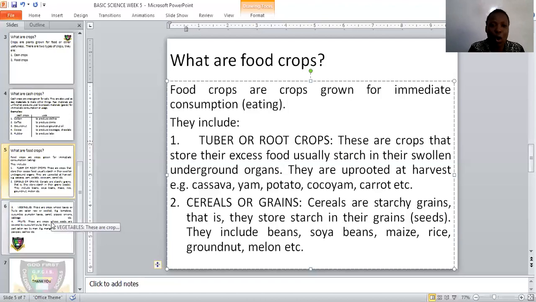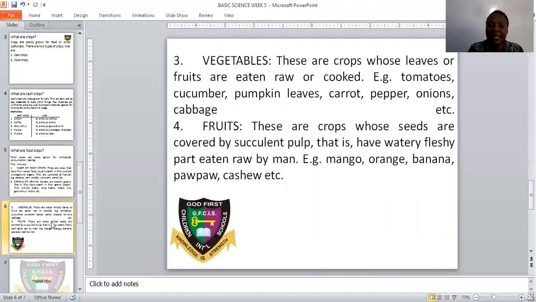Another example of food crop is vegetables. Vegetables are crops whose leaves or fruits are eaten raw or cooked. Examples are tomatoes, cucumber, pumpkin leaves, carrots, pepper, onions, cabbage.